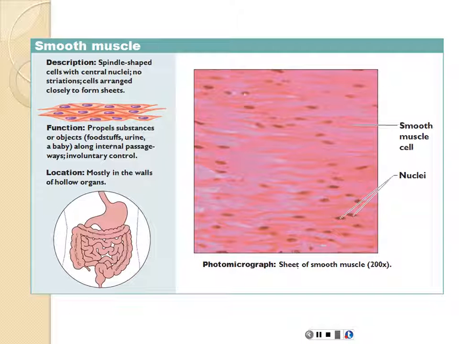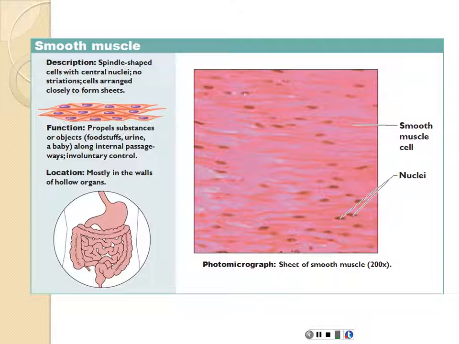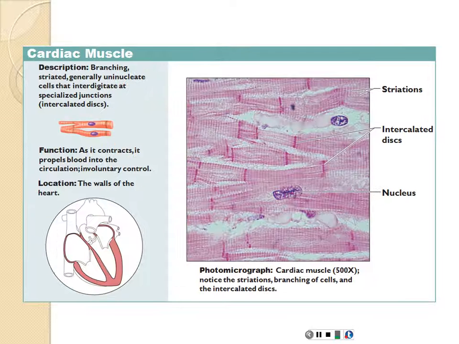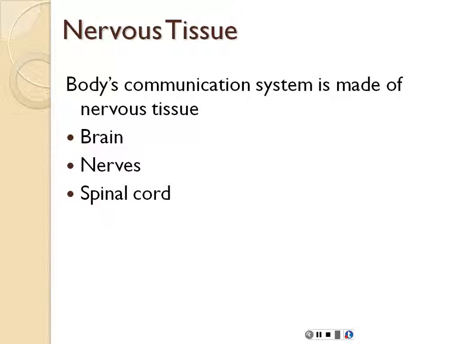And then smooth muscles have no striations. Okay? So that's pretty much it for muscle. It's 3 types. Know which ones are voluntary, striated, uninucleated versus multinucleated, and also where they're located.